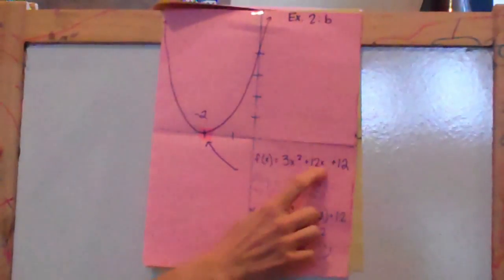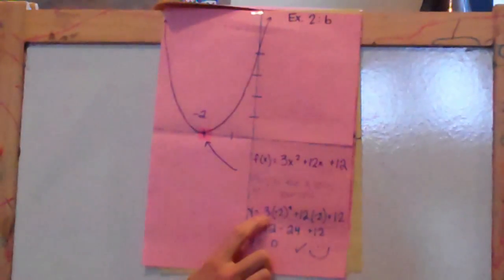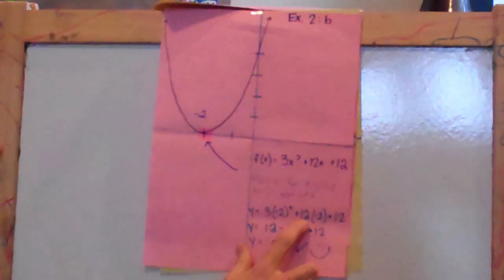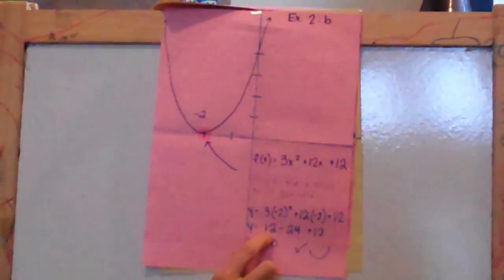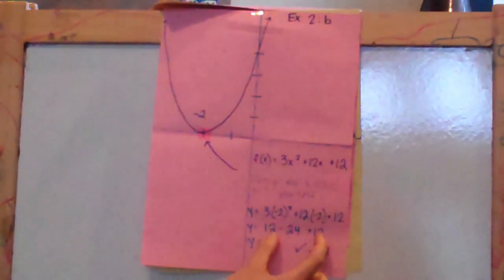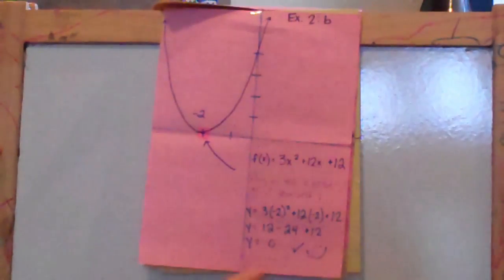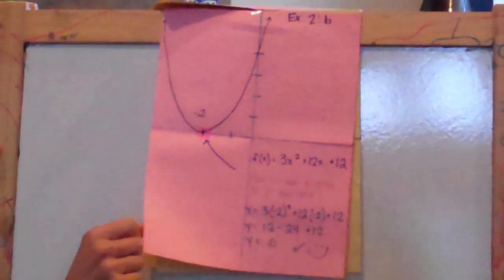I will put a -2 everywhere I see an x, which I did here for you. 3 times -2 squared plus 12 times -2 plus 12, giving you 12 minus 24 plus 12. And I know that 12 plus 12 is 24, which cancels out that -24, so we're good. Your answer would be x equals -2.